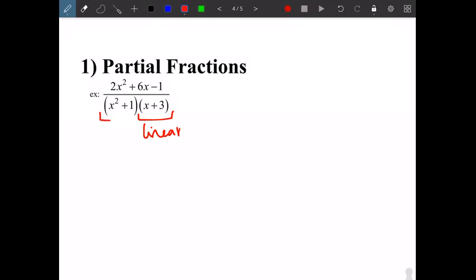Well, if we look at the second one, it is quadratic. Now again we go back to the original rule that says that the partial fractions in this case are proper, because the rational expression we're dealing with is proper. So over here I have an x squared plus 1 at the denominator, which has a degree equal to 2.